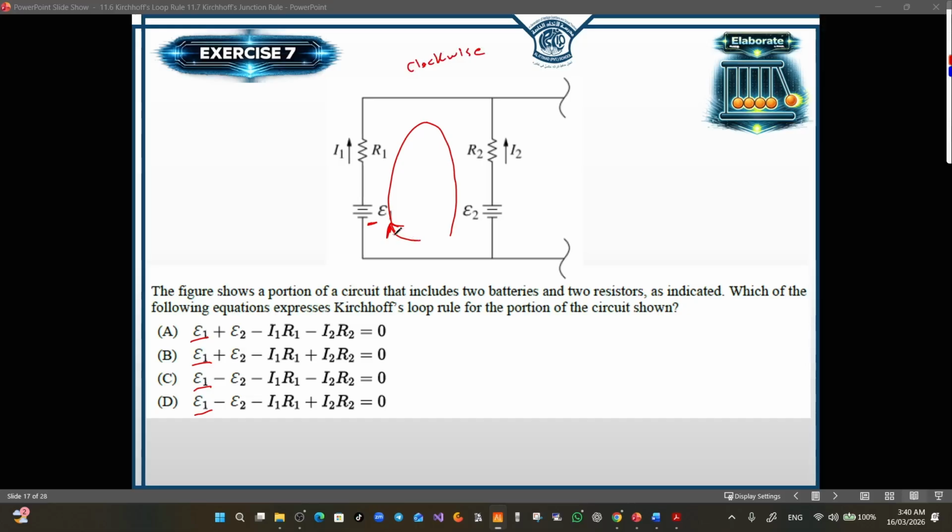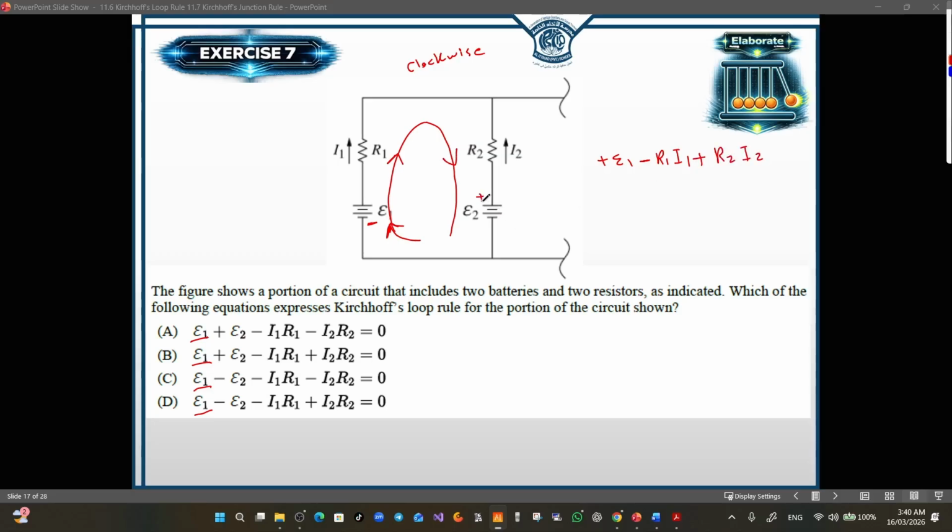Now, when I rotate in a clockwise direction, entering this battery from the negative terminal, this is a plus E1. Now the direction of my loop and the direction of the current is the same, so this should be written as minus R1 I1. Now we complete the circulation. Here, the direction of the loop is opposite to the direction of the current, which means the potential difference across R2 should be positive, so plus R2 I2.